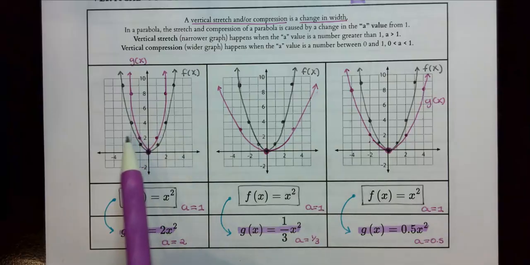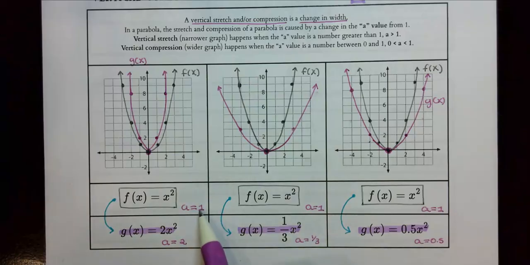If you compare it to the parent function, you can see that the entire g of x function is inside the parent function because it is thinner. Because our a value is greater than 1, it does slim the graph down. We call this a vertical stretch when we have a thinner graph than the parent function, and that is solely because the a is greater than 1.